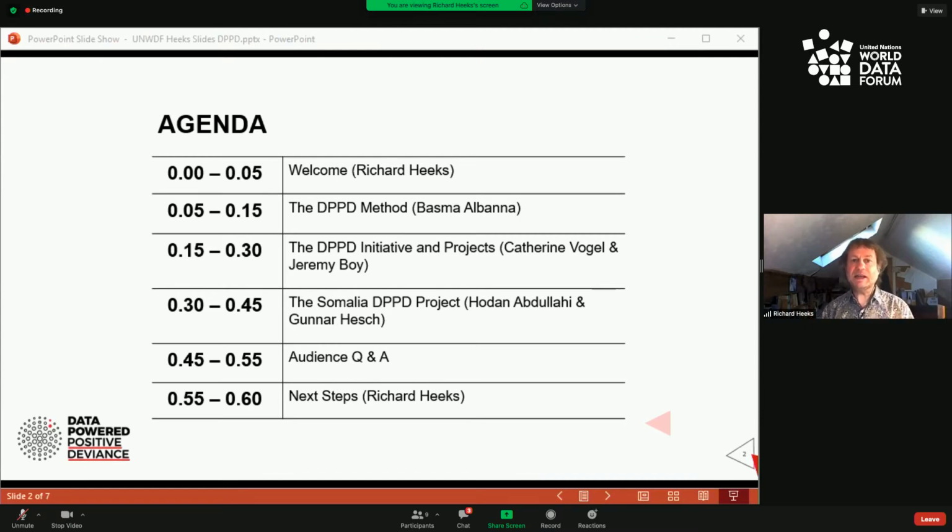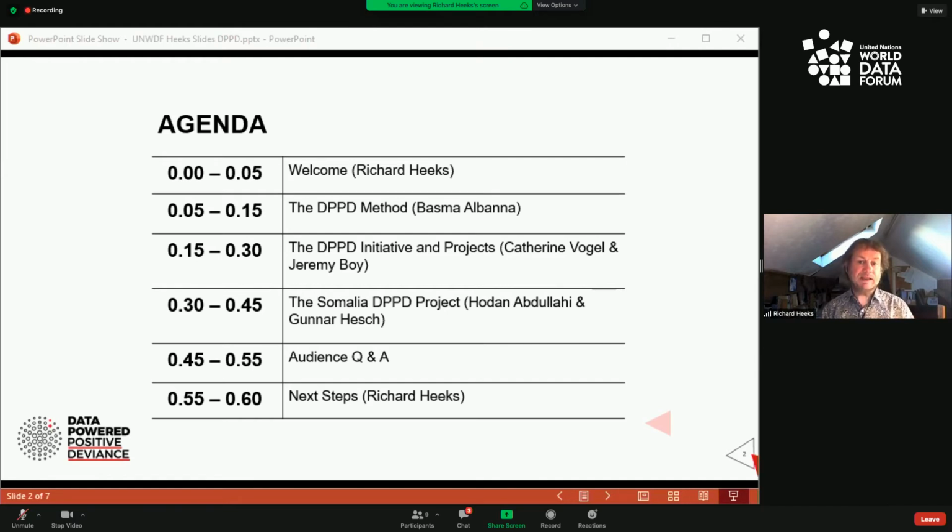I'll firstly be in conversation with Basma Albana, who is the University of Manchester researcher who first originated the idea of looking for positive deviance using new digital data sets. Then with Catherine Vogel, who's head of the GIZ Data Lab, and Jeremy Boy, lead data scientist of the UNDP Accelerator Lab network, which together have led the effort to put data-powered positive deviance into practice.